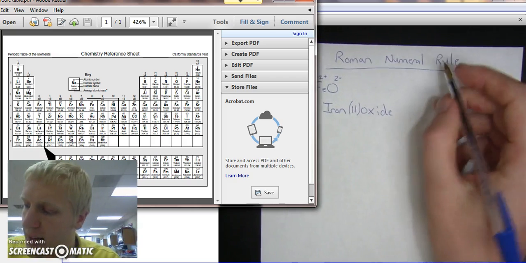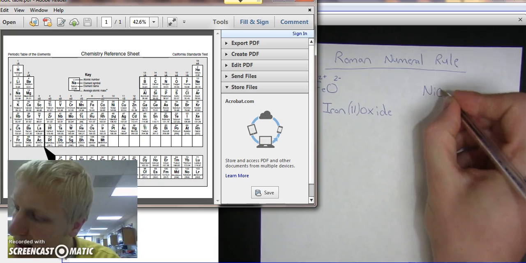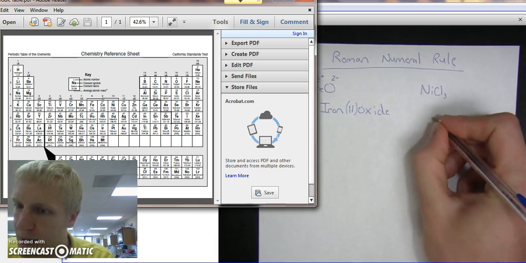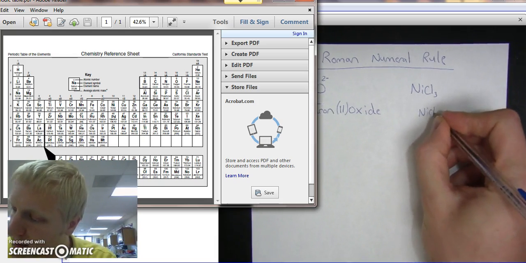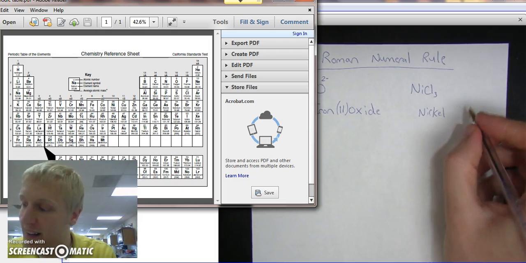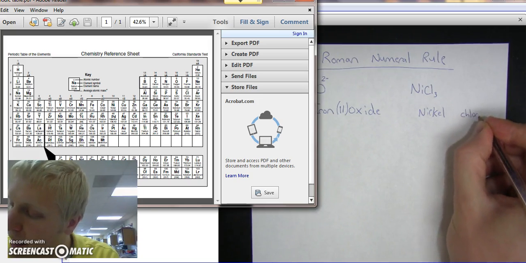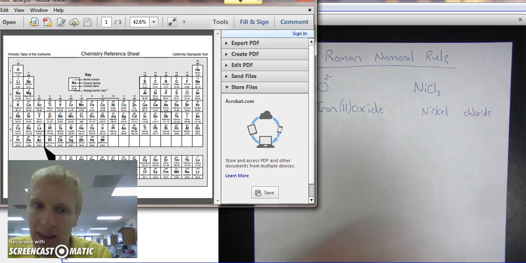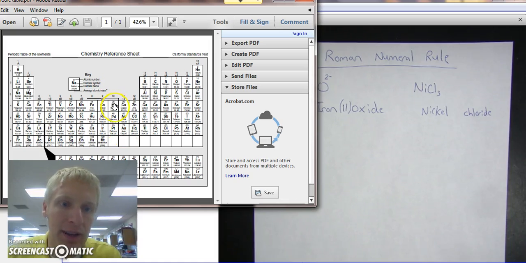Doing another example, I have NiCl3. So that would be nickel. And then the second element, chlorine, change the ending to IDE, chloride. And since nickel is a transition metal, I'm going to leave room for a Roman numeral.